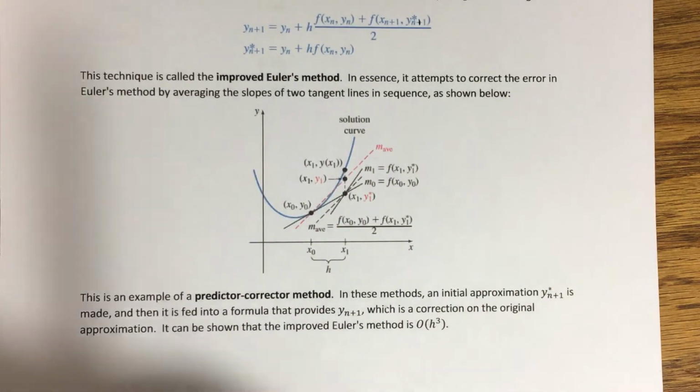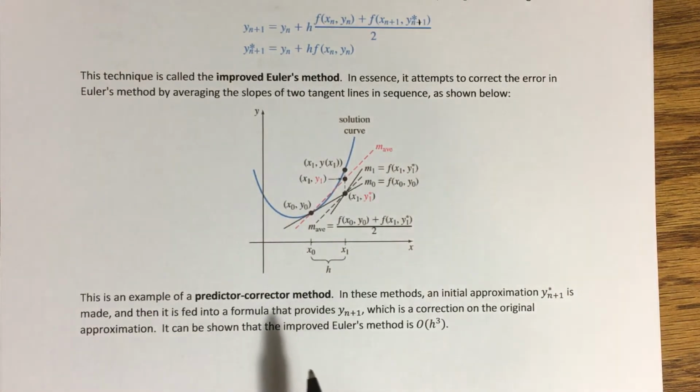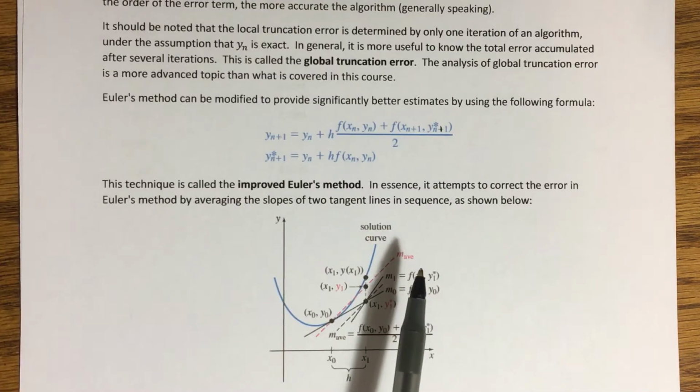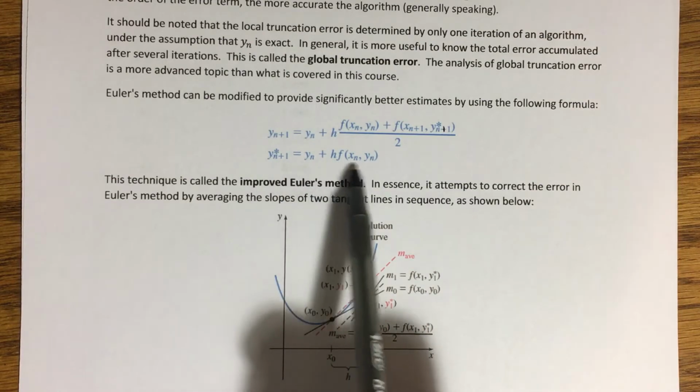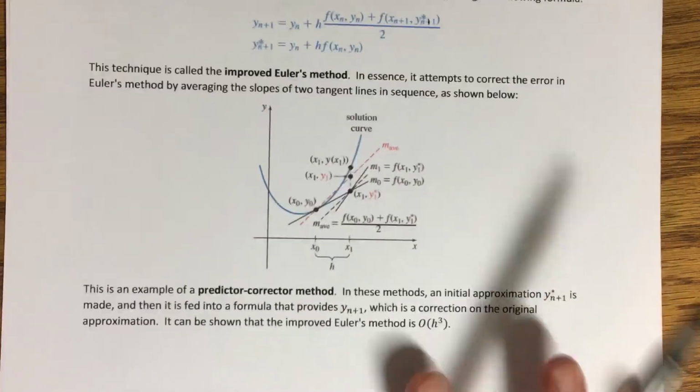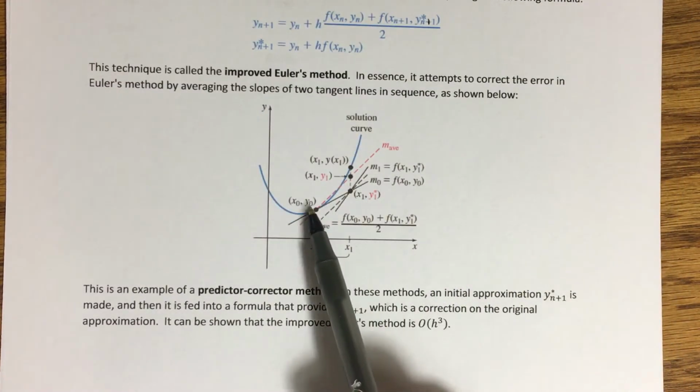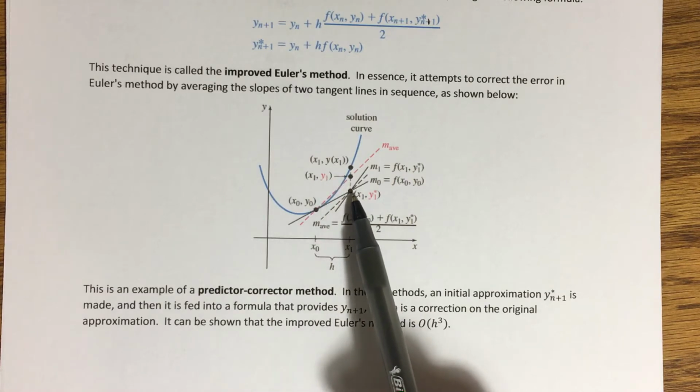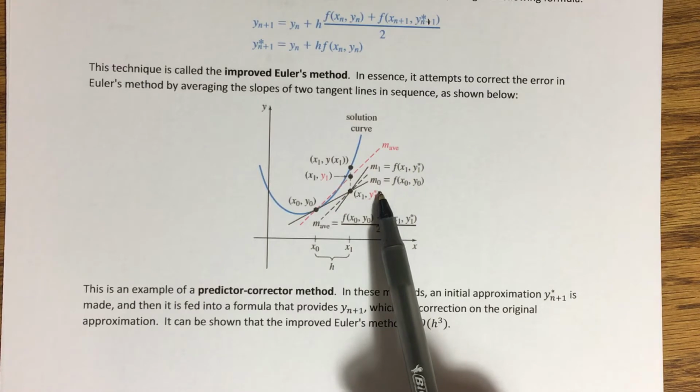Now, this is a type of method. There are several other methods like this one that we call a predictor corrector method. That implies two steps, which we have here. Euler's method is the predictor step. So what Euler's method does is it makes a prediction as to where y of x1 would be, and it calls it y1, or in this case, y1 star.